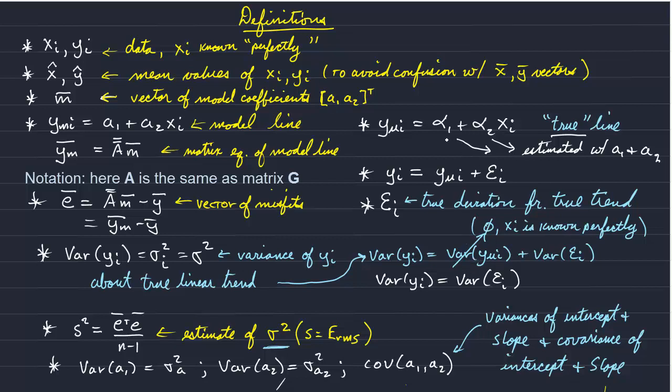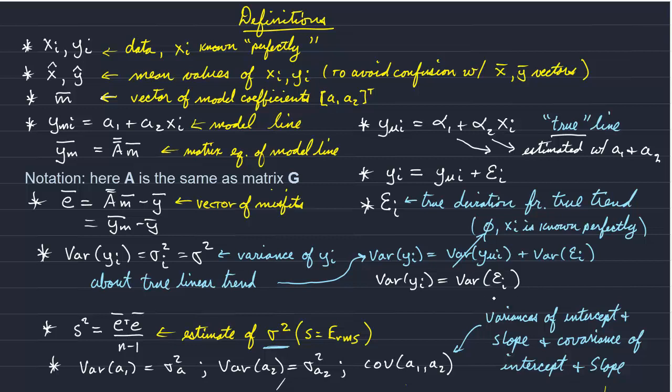There's no uncertainty in x here. So the variance at each measurement point of y is completely due to the variance in our noise. So the variance of y at point i is equal to the variance of the noise at point i.